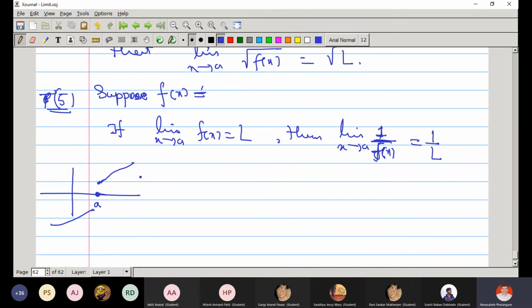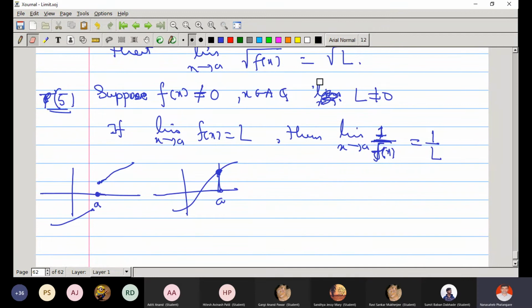But if the limit of the function is L and L is not 0, that means either it is positive or negative. So the function is positive or negative near A, then only the limit is possibly positive. So f of x is not equal to 0 for x in A and the limit as x tends to A is also non-zero, right?